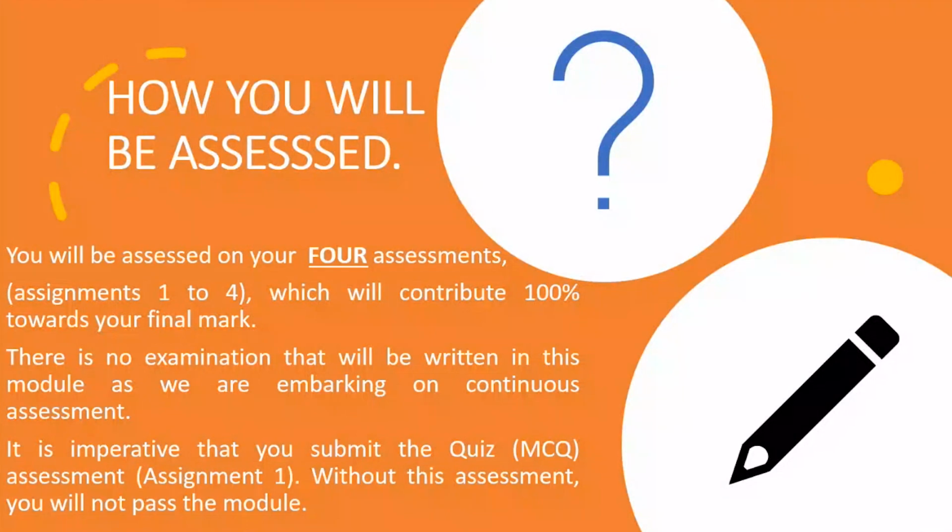So when it comes to completing the written assessments, you will know exactly which learning unit to refer to. Saying this again, if you do not complete assessment 1, you cannot complete our module successfully.